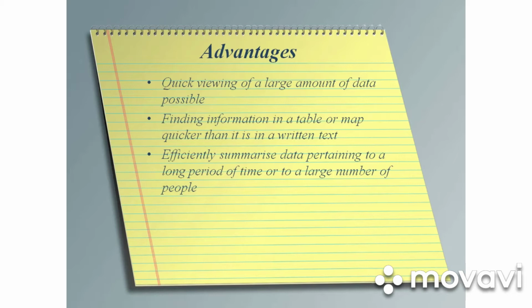So here we save time as well as one's efforts. It is convenient in making comparisons involving large amounts of data. So when there is a large amount of data, we can make comparison or contrast just to get the gist or summary of it.